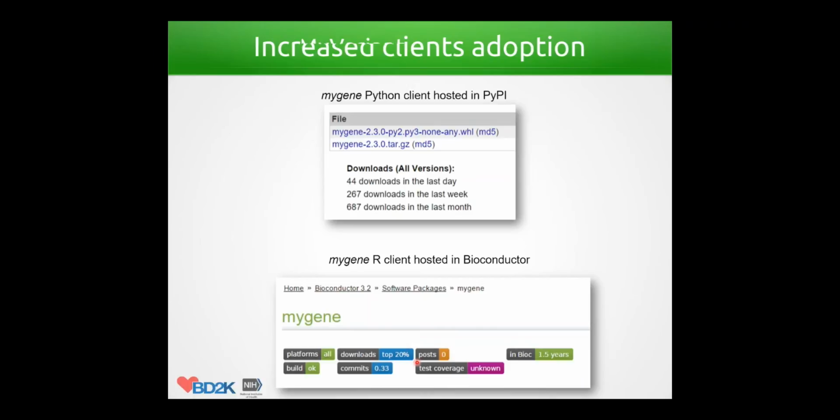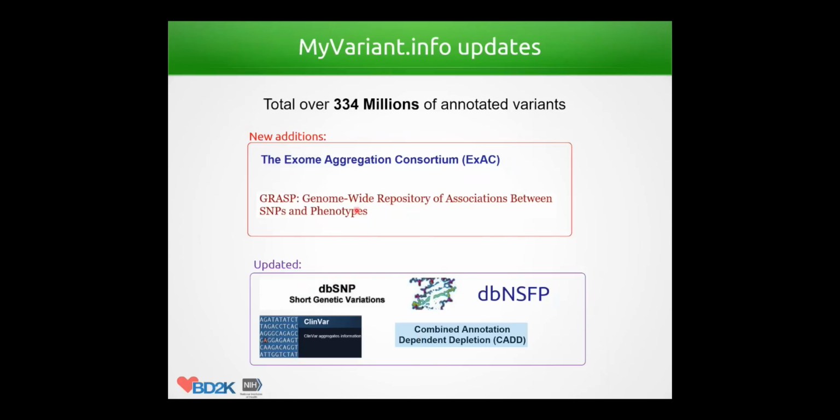Now, here is what we have done in 2015 for the MyVariant.info project. We now have aggregated a total of 334 million annotated variants, and we included ExAC data. ExAC data is very useful for population genetics, providing allele frequencies of normal people for all observed human variants.